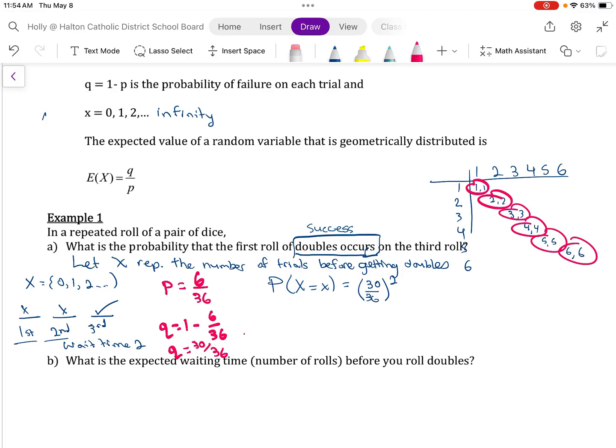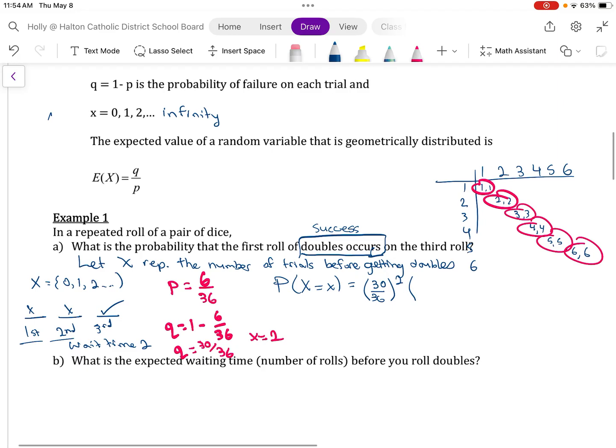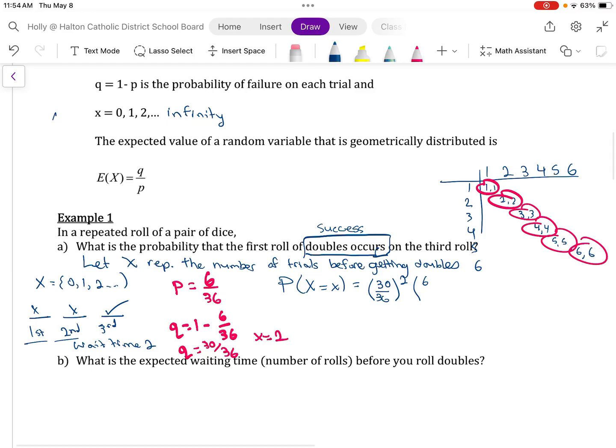I'll write that out here. x is equal to 2 because we have to wait 2 times to reach success. And our success rate would be 6 out of 36. And so you take your calculator and you can type this all in. So 30 over 36 to the power of 2 times 6 over 36. That gives us 25 over 216.